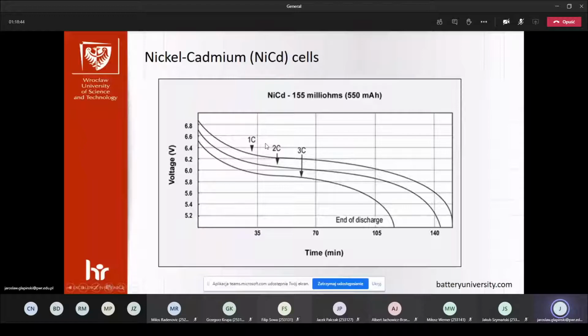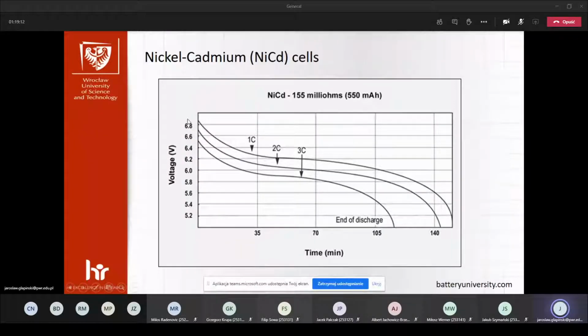So if we have an accumulator with a capacity of 150 milliamperes, yeah, this is the capacity. So if we are using a current of 150 milliamperes, we will have this line.